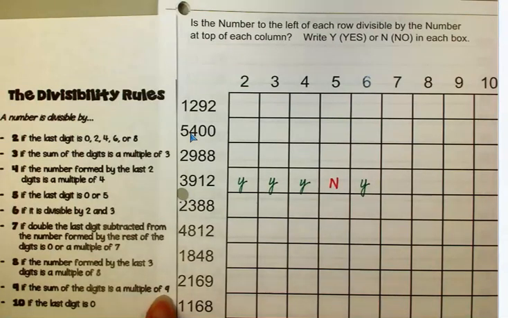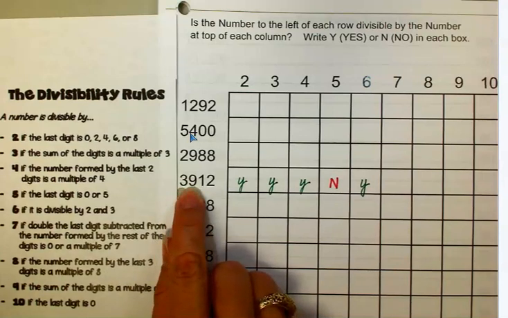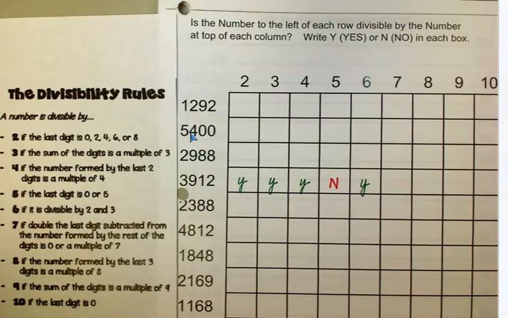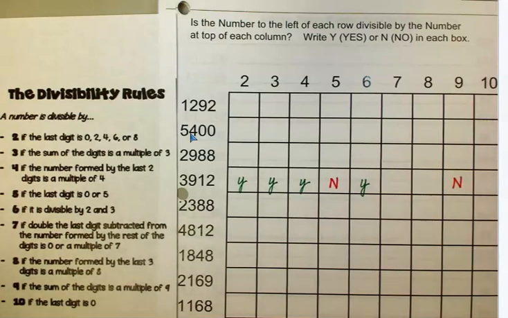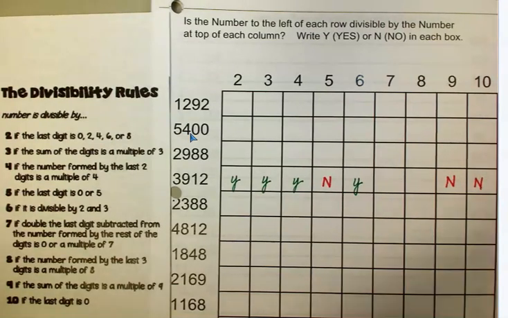Again, not super helpful because we have 4 digits, but this one is the sum of the digits, so it should be a little easier than 8. 3 plus 9 is 12, 13, 14, 15. 15 is not a multiple of 9, so that's a no. It does not end in 0, so this last one is also a no.